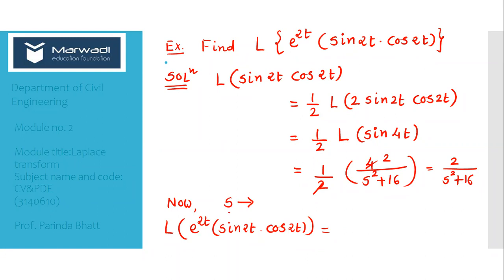Yes, s remains as it is, therefore s minus 2. Yes, check s minus 2. Therefore 2 upon s minus 2 whole square plus 16.